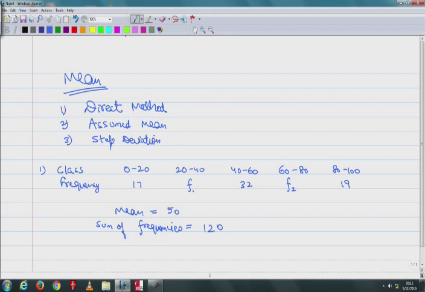Is there any doubt? Please let me know. Are you able to solve? Give your responses. You just have to frame two equations, one for the mean and the second one for the sum of the frequencies.